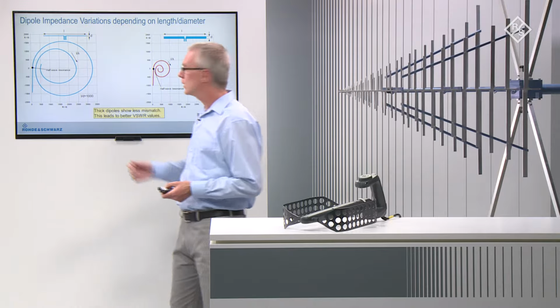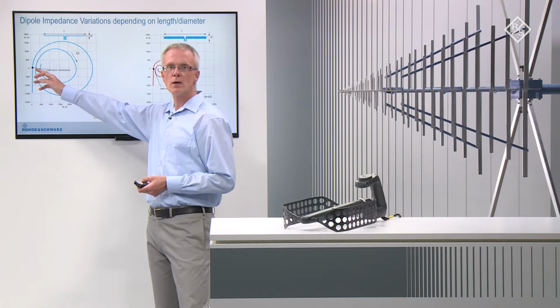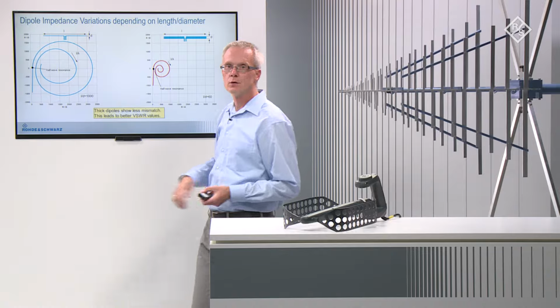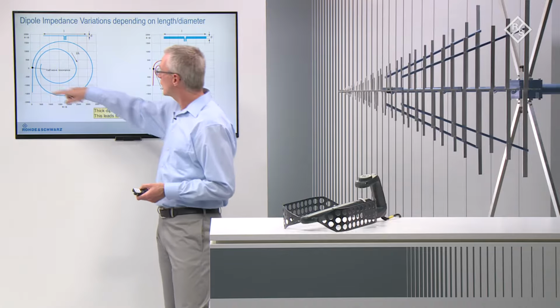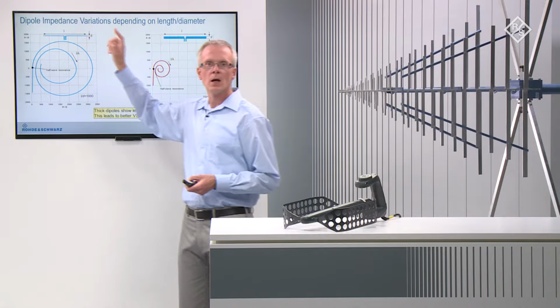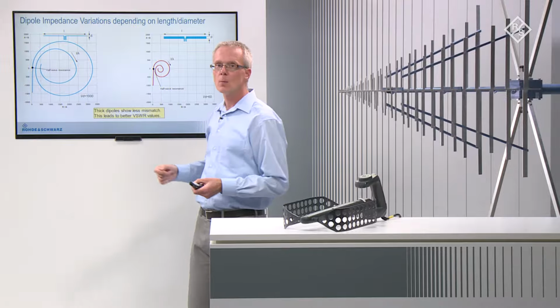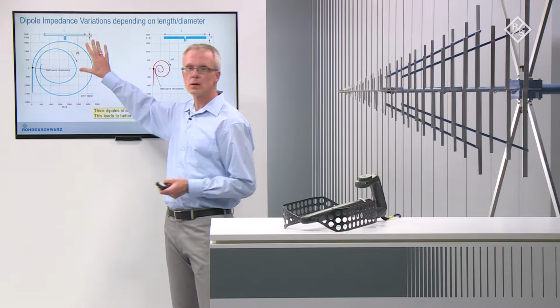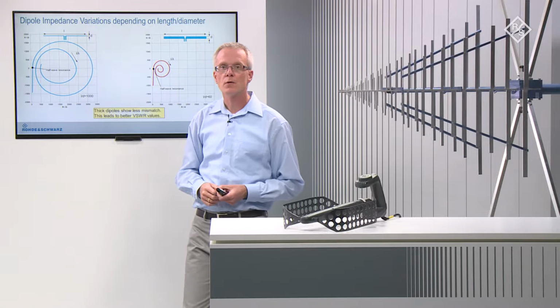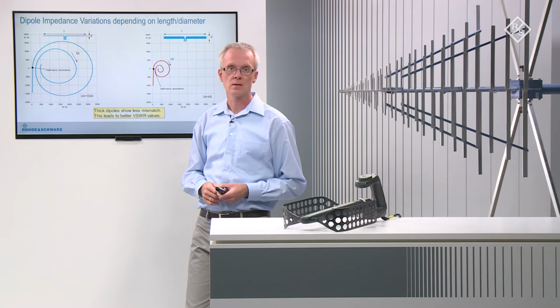Reasonable impedance matching is only given at the half-wave resonance point. If we follow the blue curve in a clockwise direction, L over lambda increases, and we can see that the complex impedance changes significantly and is far away from the resonance impedance in most cases.